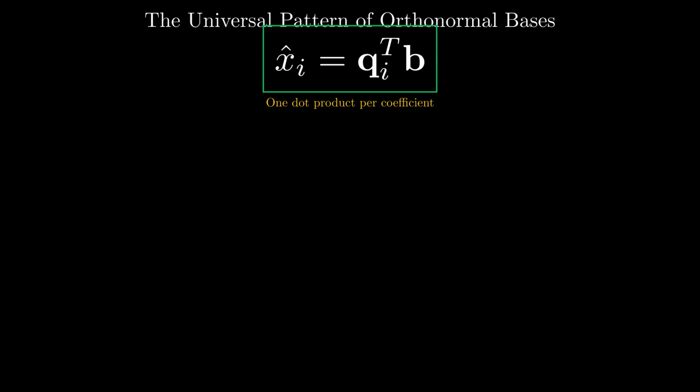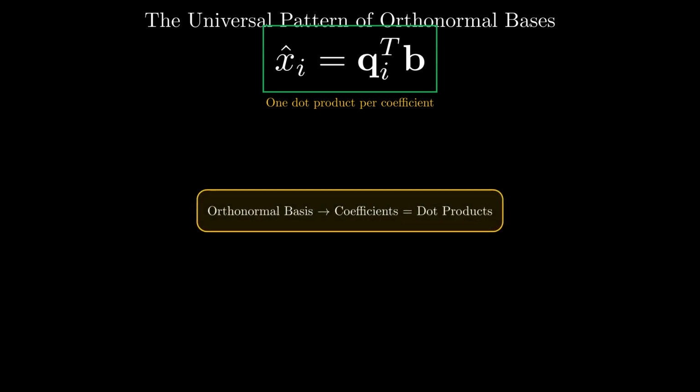Orthonormal bases are the preferred currency of applied mathematics. Let's see why this one elegant formula connects to so many important applications. The key takeaway is this: x hat i equals q i transpose times b, one dot product per coefficient. This works because of a universal pattern.